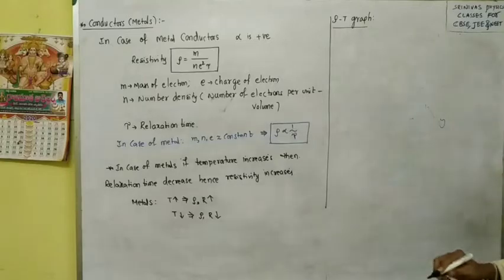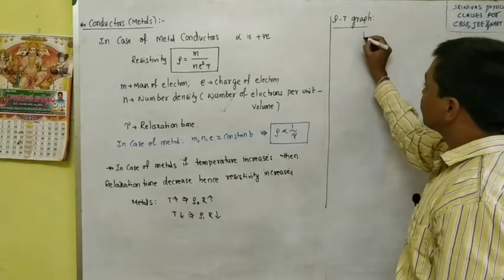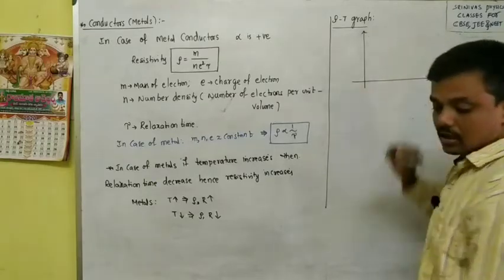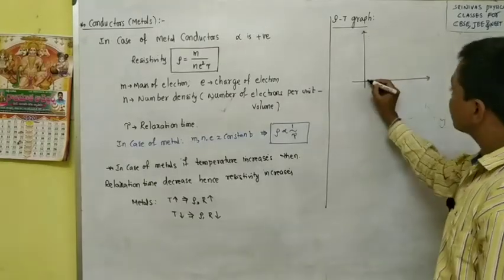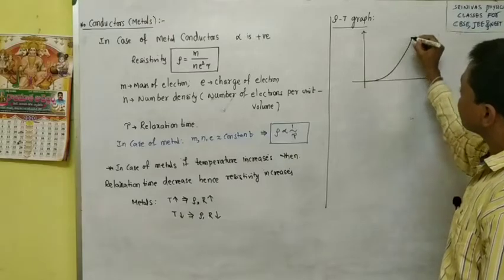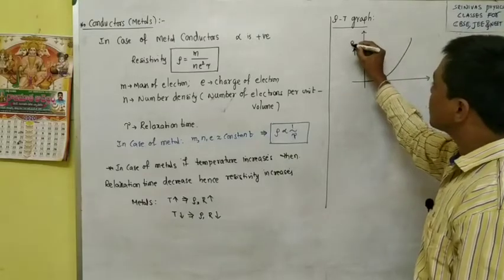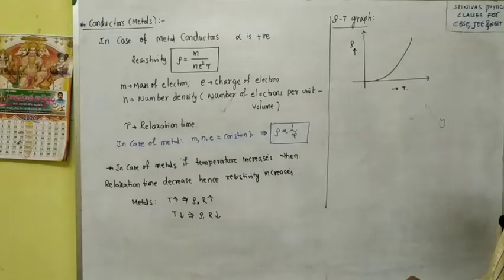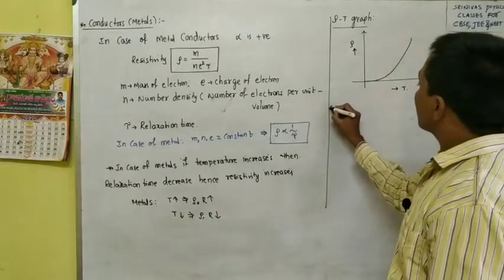How will we get that graph? Let us see. Resistivity increases with increase in temperature, right? Then we will get the graph like this. This is the resistivity versus temperature graph.